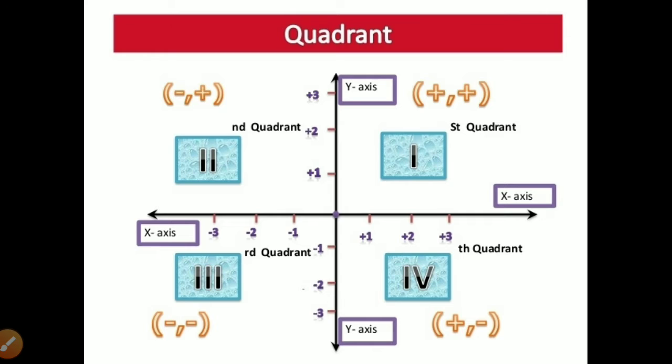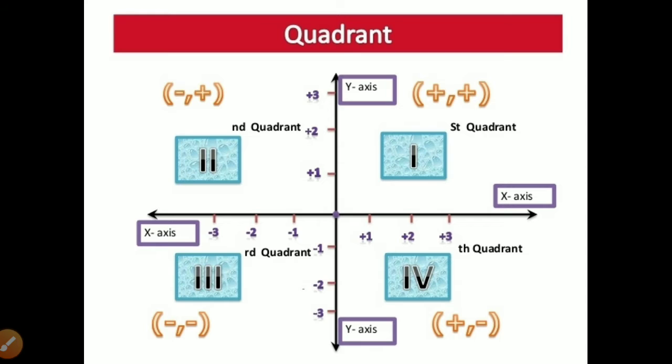In the first quadrant, the values are positive. In the second quadrant, the first value is negative and the second value is positive. The first value is the x value and the second value is y. In the third quadrant, both values are negative.